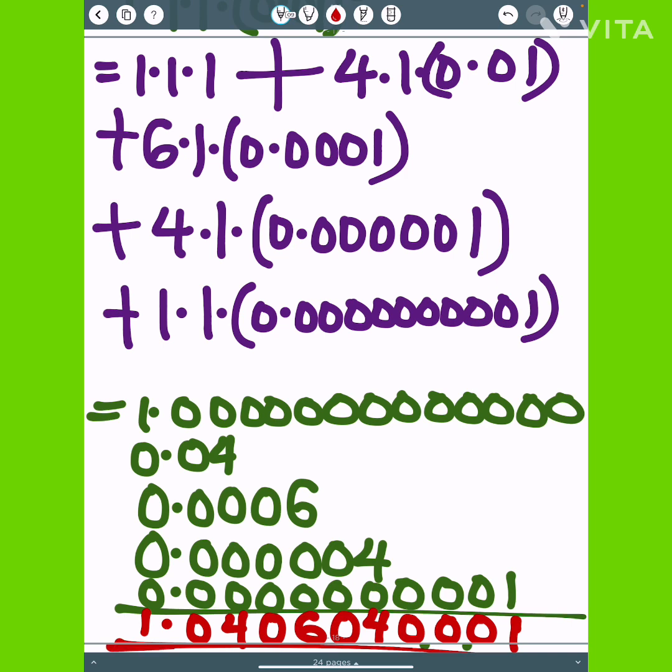So this is the value I'll get when I add up my answer. But the question says I should leave my answer in 5 decimal places. 1, 2, 3, 4, 5. So I only need to stop here.